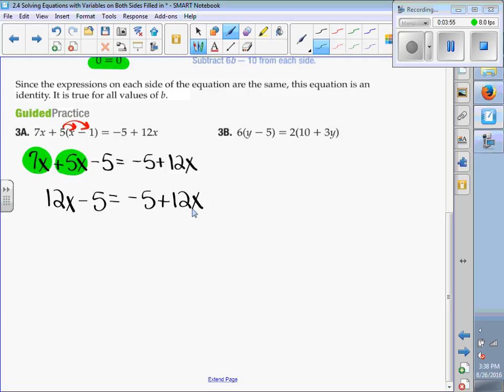And now, we're going to simplify it to the end. Okay, so we're going to get rid of our variables. So we can combine the 12x and the 12x, right, by doing what? Subtracting 12x on both sides.